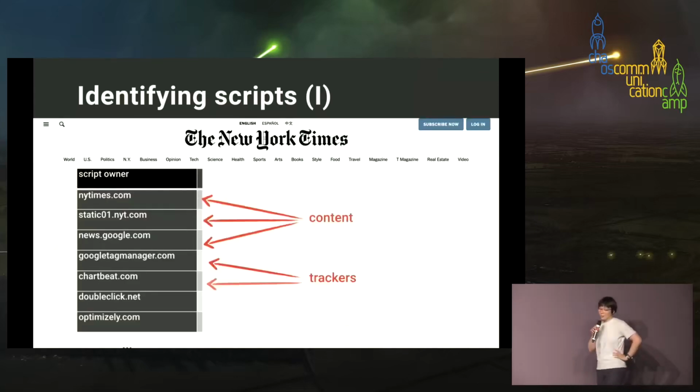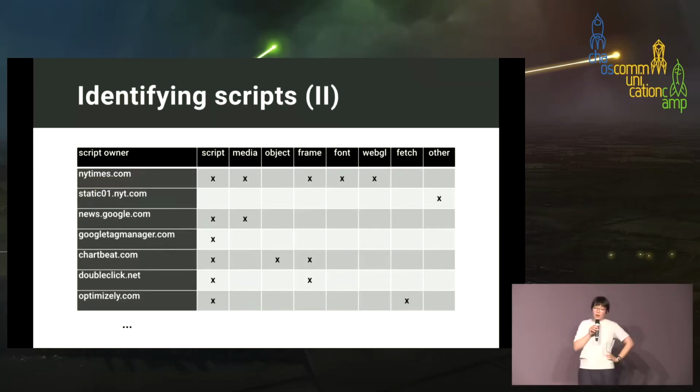All right, that's the background knowledge we all need. But then there's also different ways of thinking about scripts, right? NoScript itself comes with 8 different types of script. It categorizes normal JavaScript, and then you have all the media contents, the video and audio files, object, frame, font, WebGL, fetch, other. These are all the different types of scripts you can actually load into your browser.